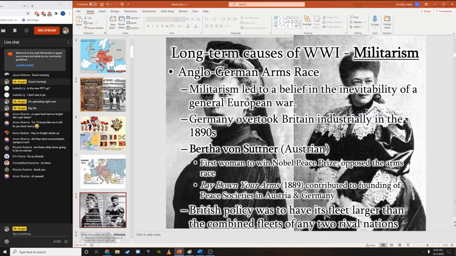But the Germans are really hostile, particularly during the age of imperialism. And so the Germans basically start to threaten to develop a fleet that rivals the British Royal Navy. Now, the British Royal Navy's policy was that its fleet was supposed to be larger than the combined fleets of any two rival nations. Meaning that if you took France and Germany and added both of their fleets together, the British Navy would still be larger than both of them combined.